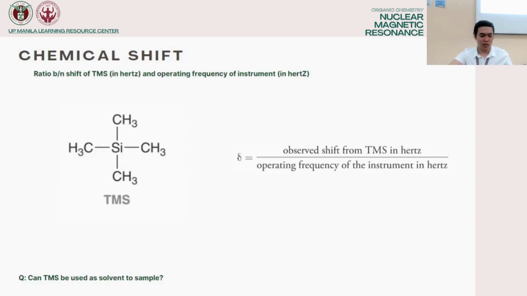Can we use it? Oh, no. Bakit no? Correct. May hydrogen. Sabi natin, we don't want hydrogen sa ating solvents. So, ganun yung mga exam. Bakit laging tatanungin, bakit po bawal?